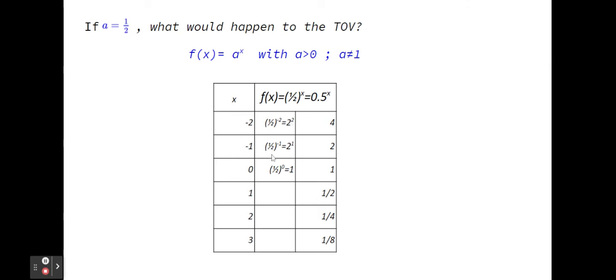When x is -1, 1/2 to the exponent -1 happens to be 2 to the exponent 1, which is 2, and we already talked about the y-intercept. You can see this time the values are half of the previous one as x changes.